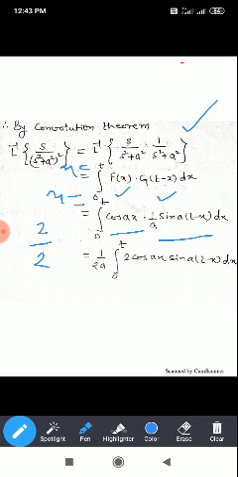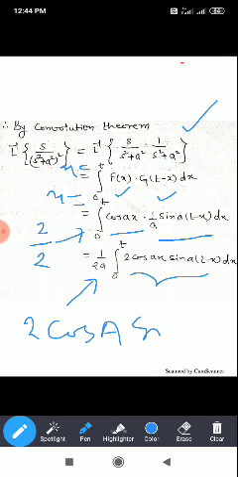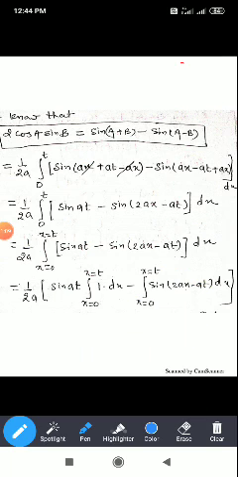Now again, we multiply by 2 in numerator and denominator, and taking the common term 1 upon 2a, then 1 upon 2a integration 0 to t of 2 cos ax sin a(t − x) dx. So here we have to apply the formula of 2 cos A sin B. So 2 cos A sin B is equal to sin(A+B) − sin(A−B).